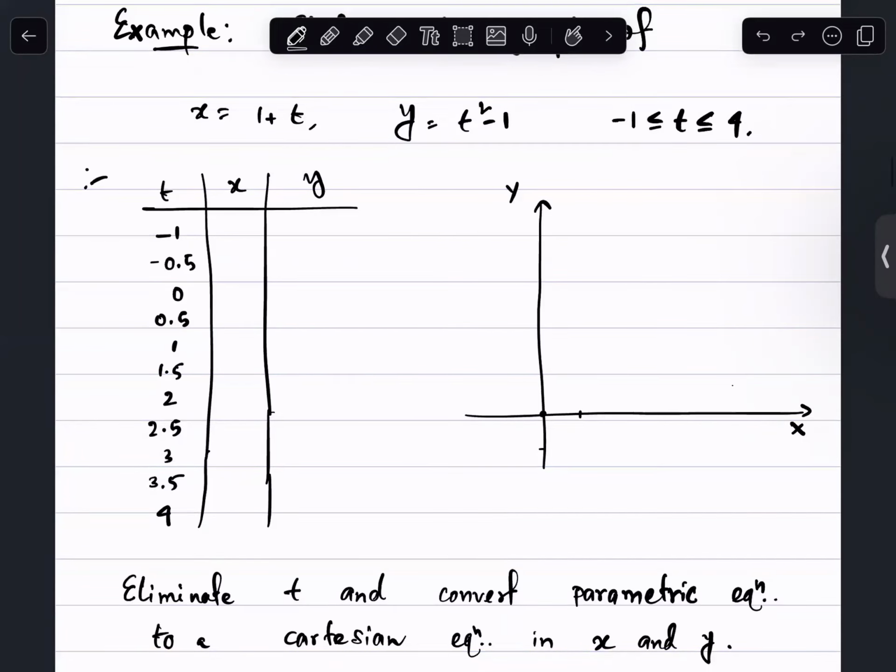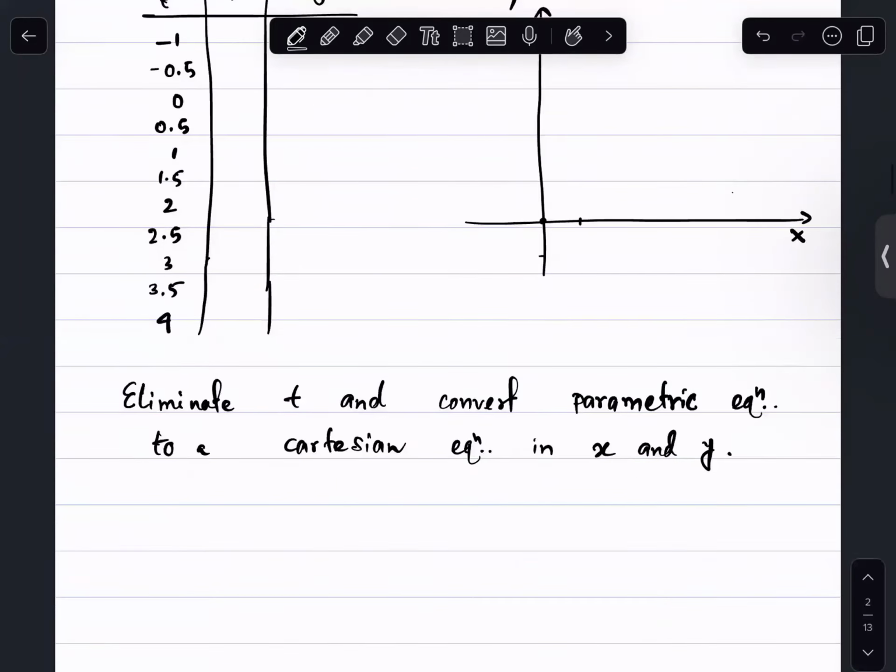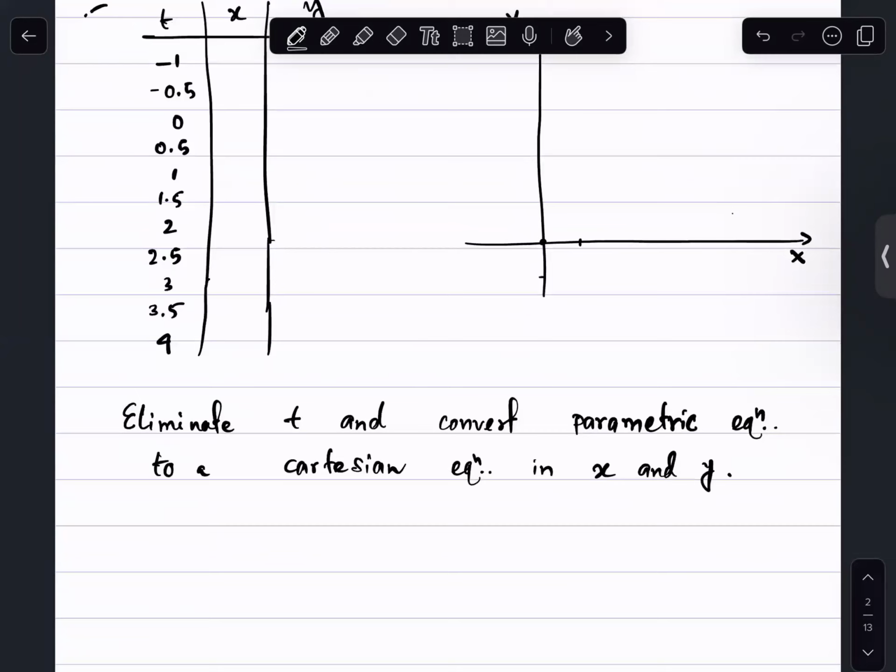For that, I have taken these points. So t varies from -1 to 4. In this column of t, I have taken -1, then -0.5, then 0, so basically at each step I'm adding 0.5. So I'll get 1, 1.5 and so on.